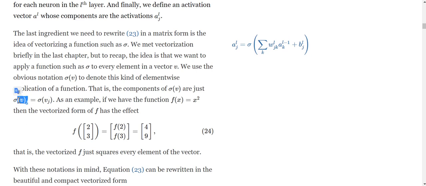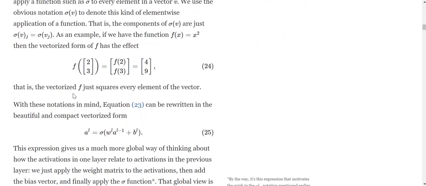So I hope this makes sense. As an example, if you have the function f(x) = x squared, the vectorized representation would be inputting the vector and then individually applying the function to each of the entries, and you get 4 and 9. That is, the vectorized f just squares every element of the vector.